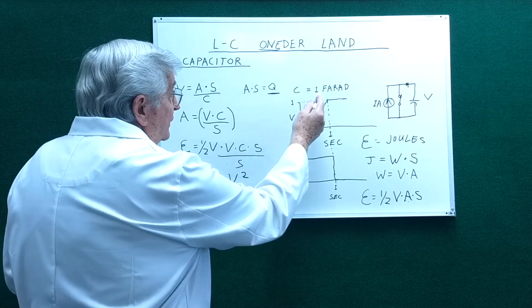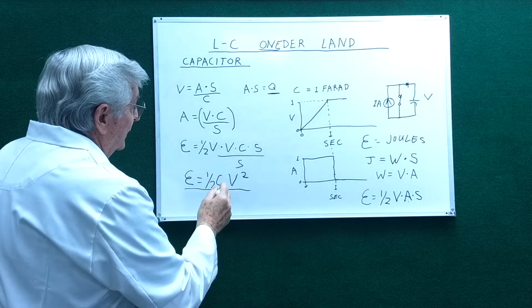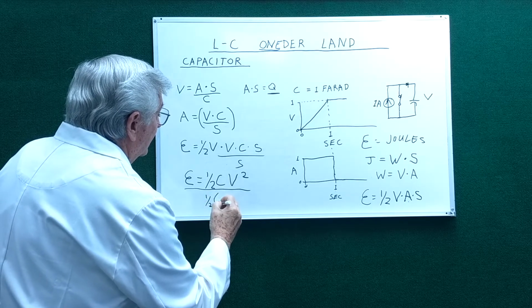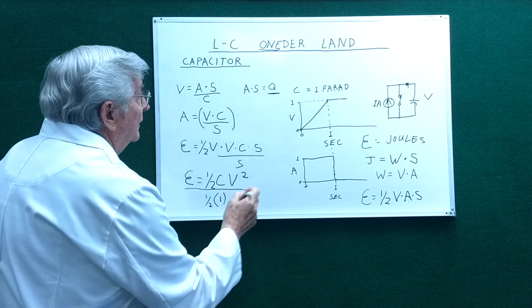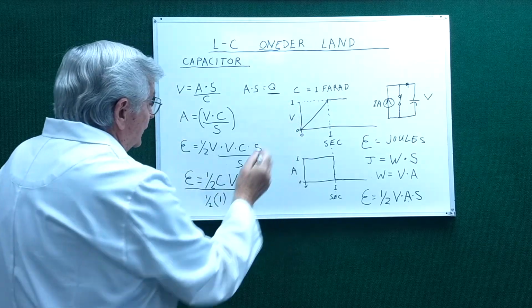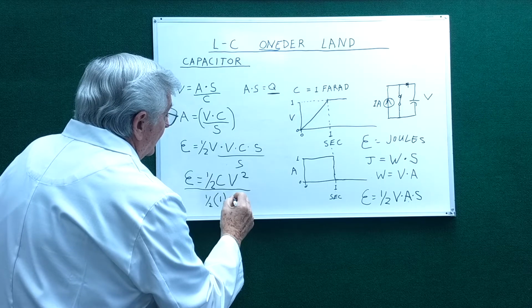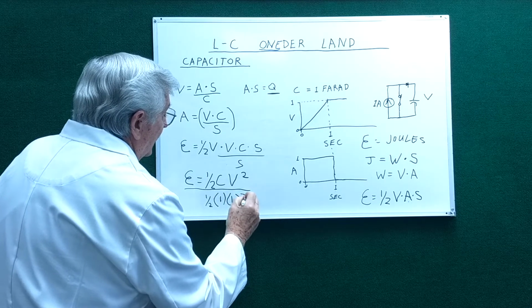The capacitance is 1 farad, so we have 1/2 times 1, and the voltage is 1 volt, so we have 1 squared.